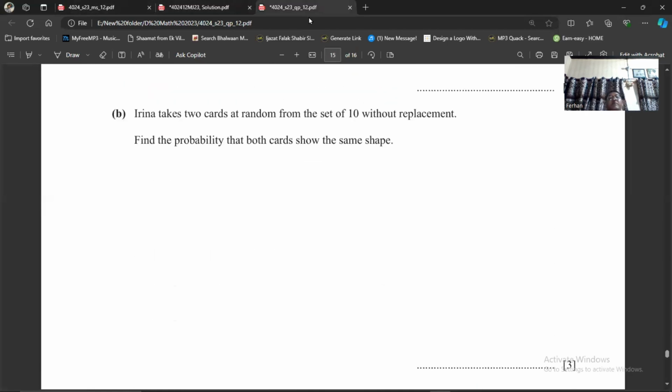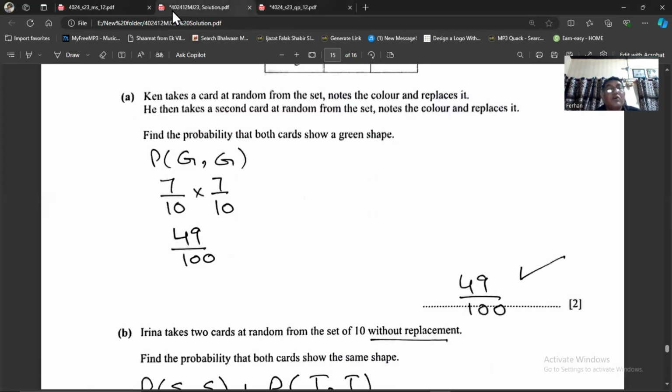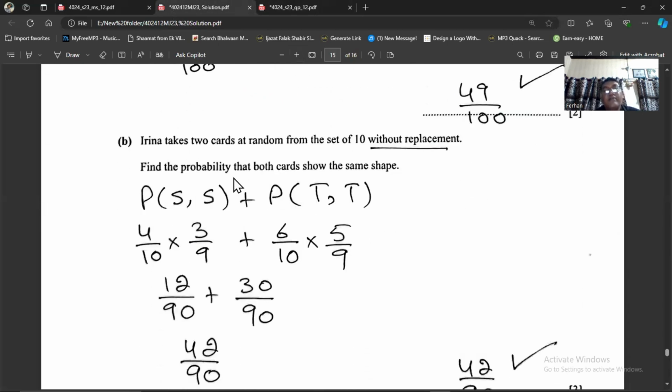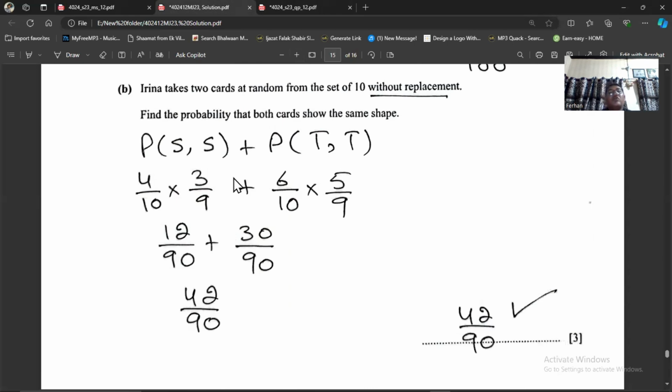Then we have part B. Irina takes 2 cards at random from the set of 10 without replacement. Find the probability that both cards show the same shape. The same shape means it can be either a square or a triangle. This time it is without replacement, so the total will change, and the number of cards will also change when you take the second card out.